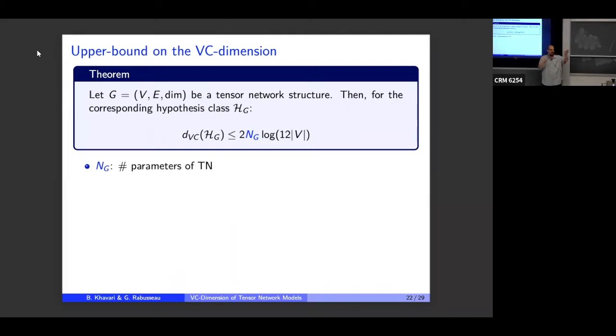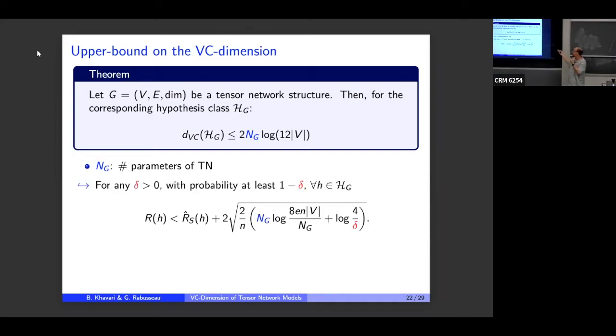So I take the size of all of the tensors that are involved in my tensor network decomposition, and this is just the sum of the sizes of these tensors, times log of 12 times the number of vertices in the tensor network. So quite a natural upper bound relation between the VC dimension and the number of free parameters in my hypothesis class.